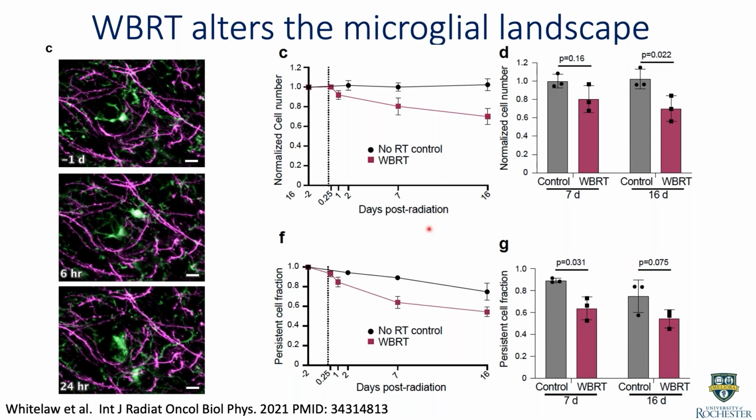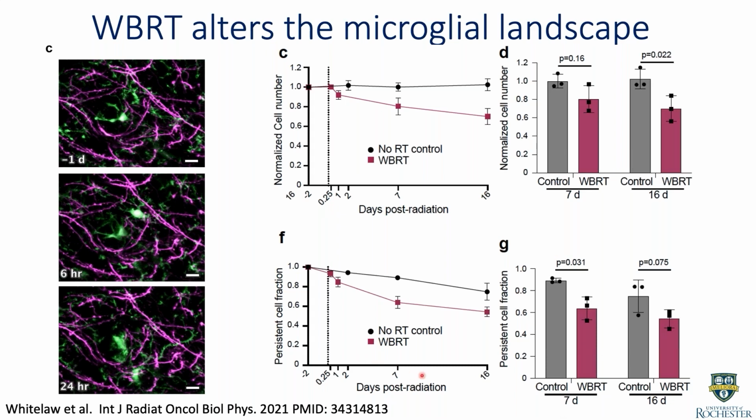And these graphs here demonstrate a change in cell number or persistence of cells in the field, and you can see after radiation we get a change in cell number and a change in location of cells within that field. The cells are recruited to the field or move as a consequence of radiation exposure and inflammation, and then we quantified that in some bar graphs on the right-hand side.